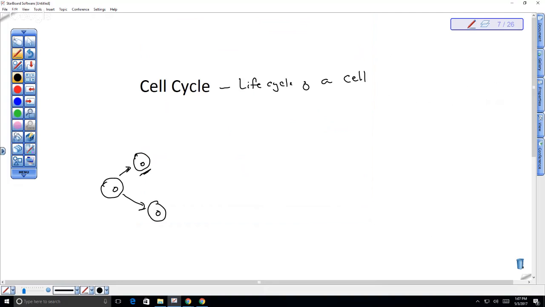And so it is going to go into what is called growth 1, right? Growth 1 is where new organelles and proteins are produced.